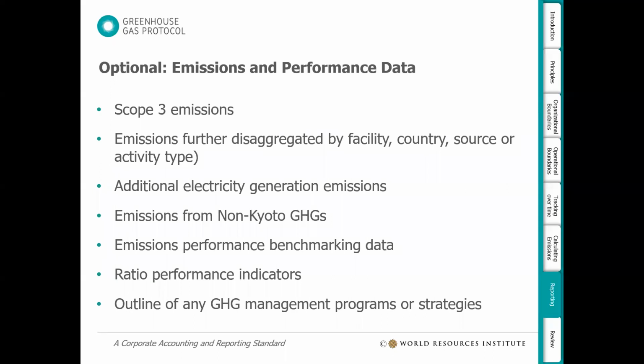One relates to Scope 3 data for activities for which reliable information can be obtained. Emissions have to be reported by scope, but they could be further subdivided by, say, business units or facilities, by country, or by source type, such as stationary combustion versus process emissions versus fugitive emissions, etc.